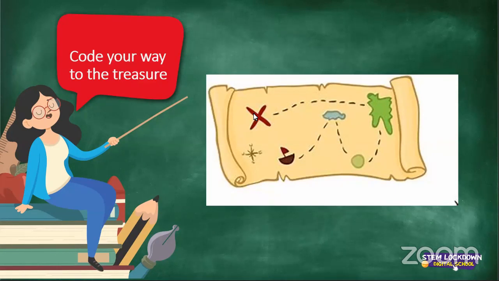Zoe says 12. Kagisano says 11. Okay, let's quickly count. 1, 2, 3, 4, 5, 6, 7, 8, 9, 10, 11, and I've got my treasure. So we say 11 steps.